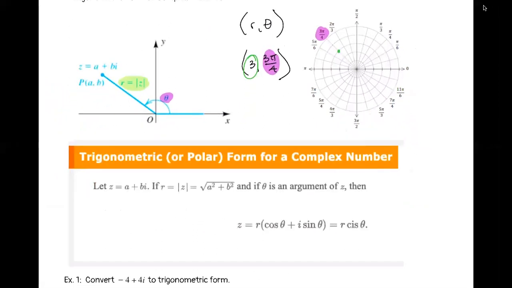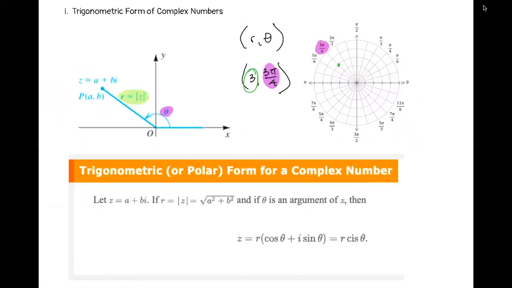Now, any complex number can be written in a polar form. If we have a complex number written as a plus bi, then the radius is like the distance that we talked about a few minutes ago, and theta is the angle that tells us where to stop.